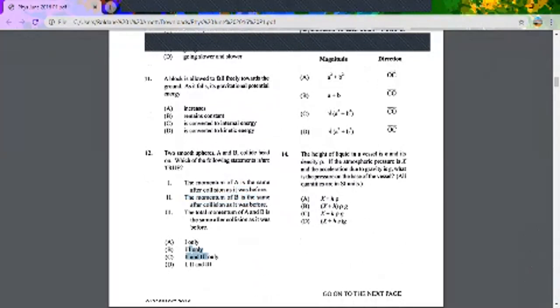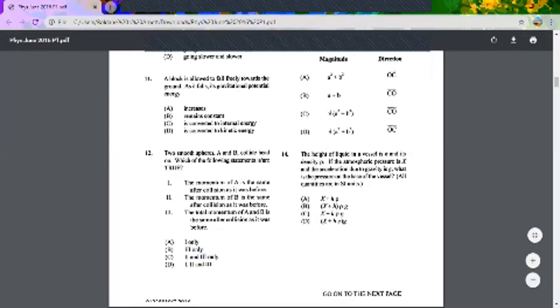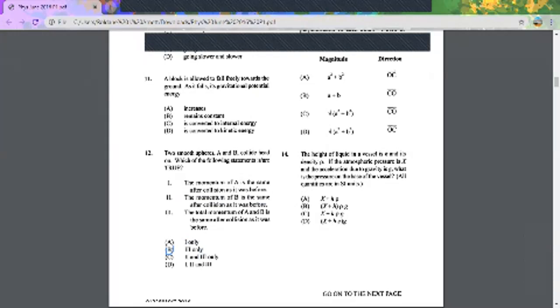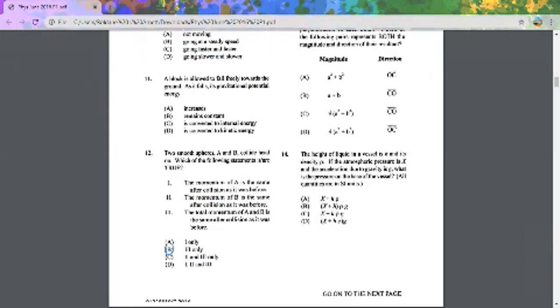This is the B right here. Let me separate this B. So it's 3 only. The total momentum of A and B is the same after the collision as it was before. Basically, they are saying that total momentum before collision is equal to the total momentum after the collision.